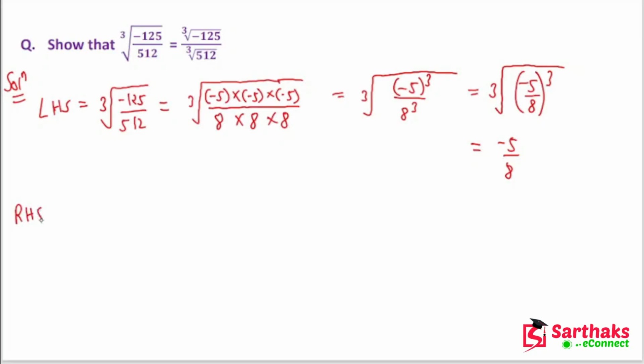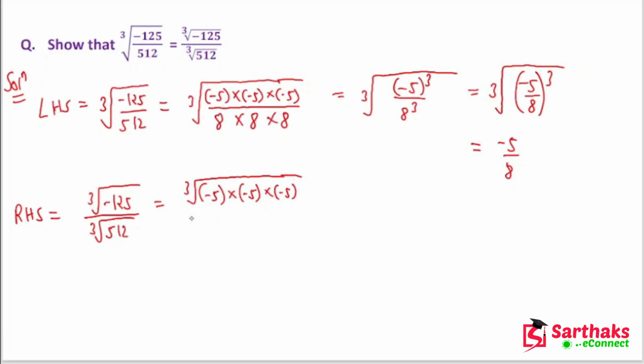Now let us talk about the RHS. Now RHS is cube root of minus 125 whole upon cube root of 512, right? So it would be minus 5 into minus 5 into minus 5. Okay, so cube root will be there and then it will again be cube root of 8 into 8 into 8.